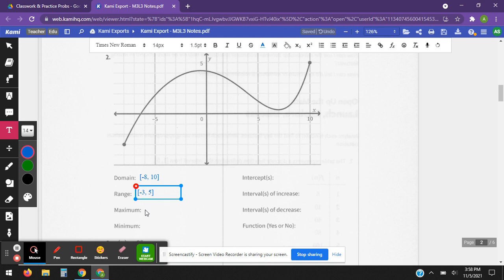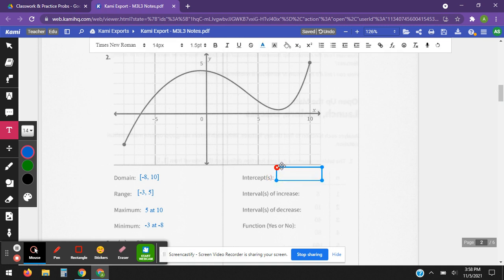My maximum right here is 5 at 10. And my minimum would be the -3 at -8. Let's be specific there. Intercepts. I have one of each.